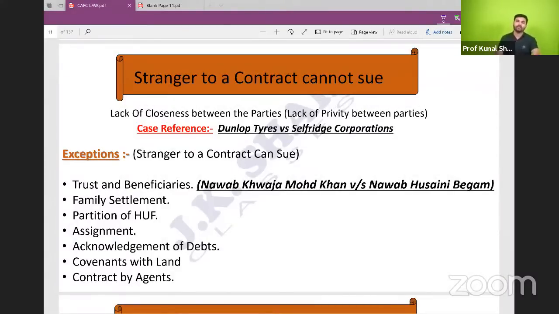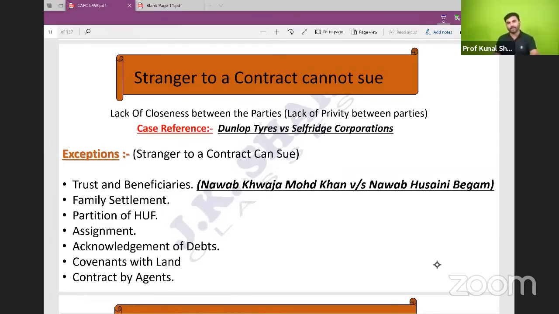Now, friends, let us move on ahead and discuss the balance portion of Indian Contract Act 1872. Yes, friends, over here we have a rule which states: stranger to a contract cannot sue.